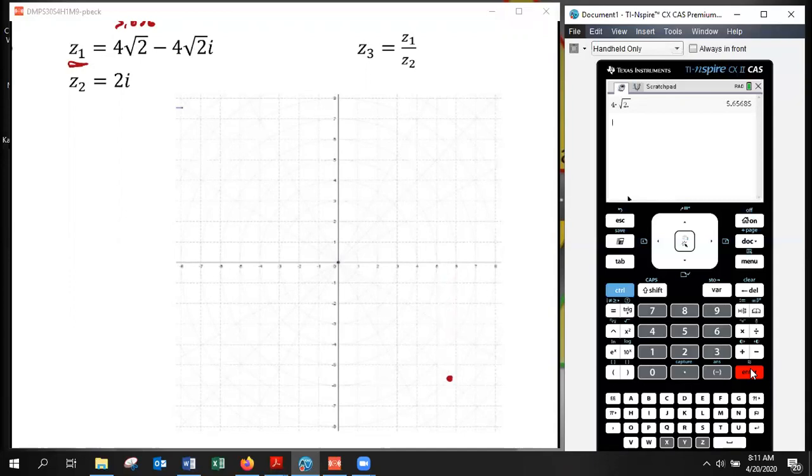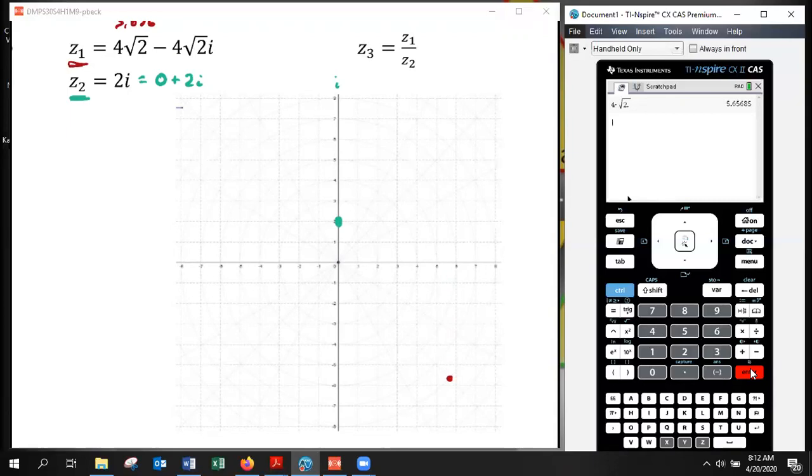Z2, let's do in this color. Z2 is simply 2i, which, again, I like to write as 0 plus 2i. So 0 plus 2i would be right here, because once again, that is the imaginary axis.